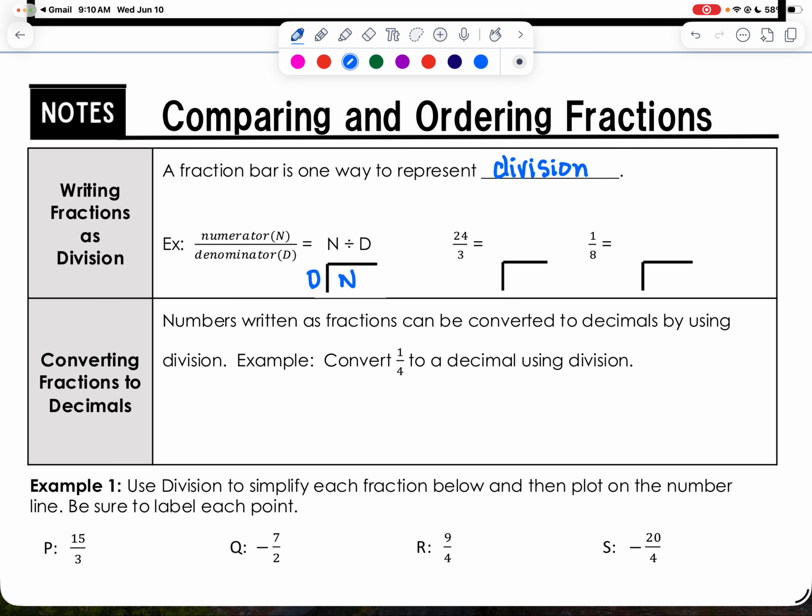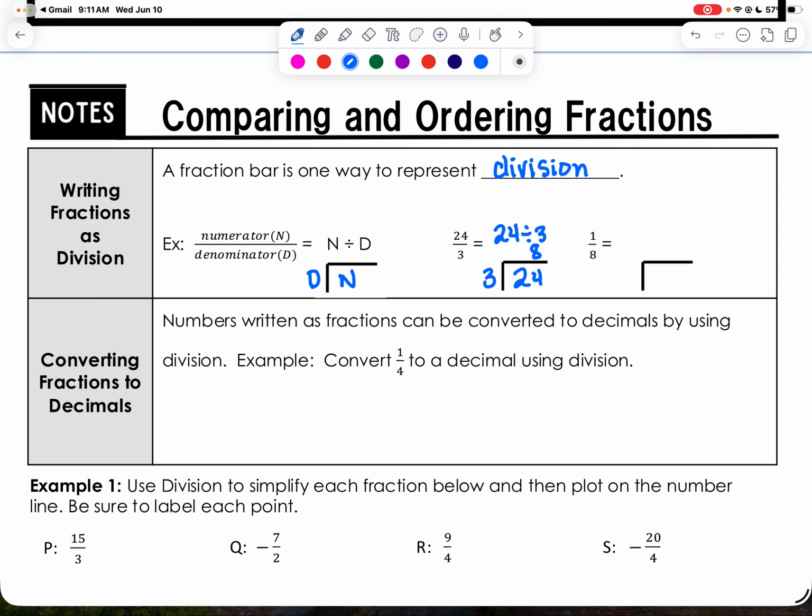So for example, if I have 24 over 3, that means the same thing as 24 divided by 3. If I wanted to write it as a long division, I would say, how many times will 3 go into 24? And of course, that would be 8.